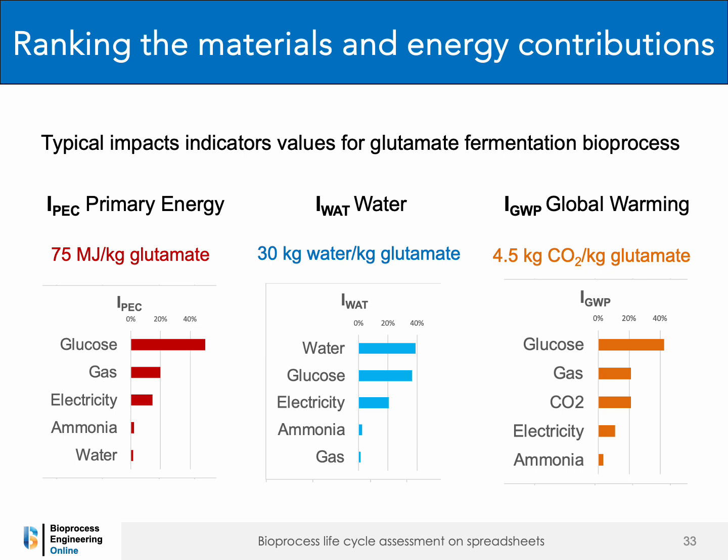Most important contributions are from gas, glucose, and fermentation emitted carbon dioxide. Accordingly, for the three impacts indicators, it is the production of the glucose used in the fermentation medium, the water for media preparation, and the gas for fluids heating that bring a dominant contribution to the glutamate process environmental footprint.